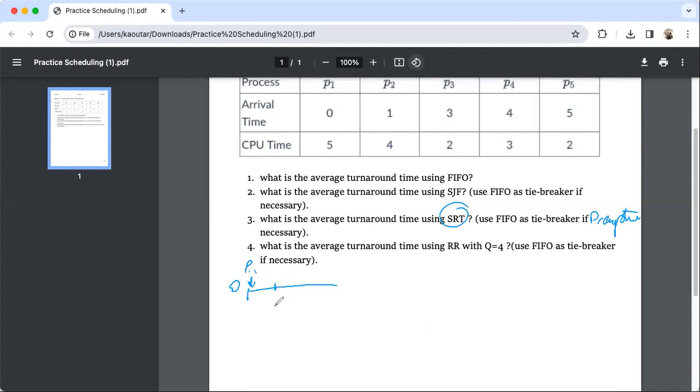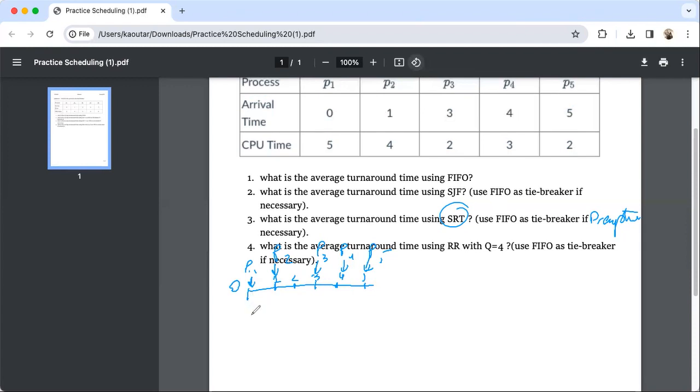And then at time 1, I have P2. This is 2. At time 3, I have P3. At time 4, P4 arrives. And then at time 5, P5 arrives, right?